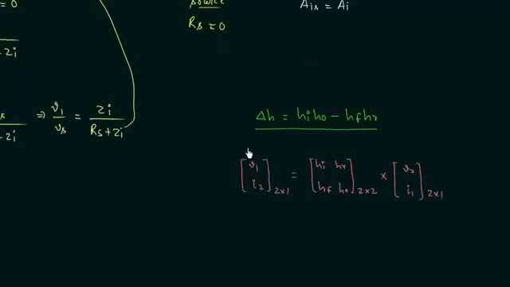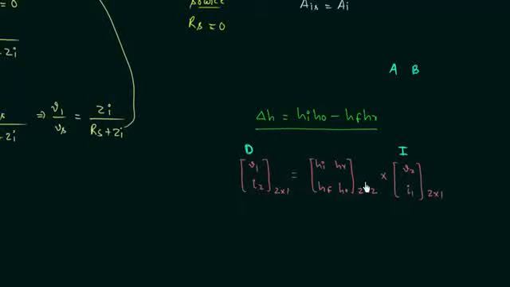Let's say this matrix is matrix D, this matrix is matrix I. The D is bold capital D, this I is bold capital I. We generally represent the matrices by bold capital letters like capital A, capital B, etc. Here we are representing this matrix by capital D because these two variables are dependent variables, and here we are representing this matrix by capital I because the two variables are independent variables.